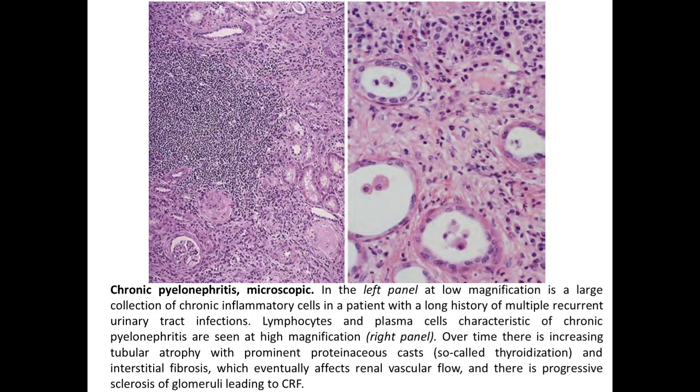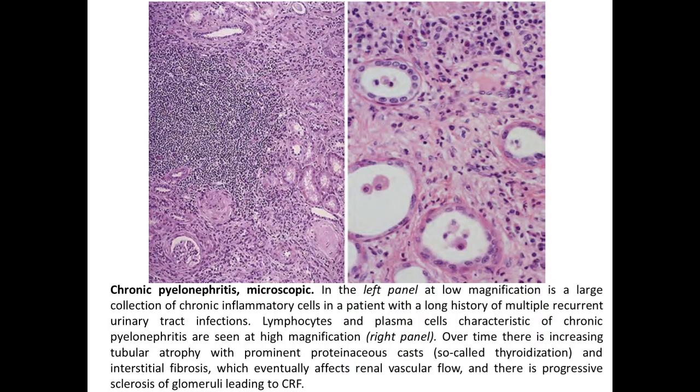Microscopically, chronic pyelonephritis, guys, you can find here in the left panel at low magnification a large collection of chronic inflammatory cells, mononuclear infiltration in a patient with a long history of multiple recurrent urinary tract infections. Lymphocytes and plasma cells characteristic of chronic pyelonephritis are seen at high magnification, which you can see in the right-hand picture.